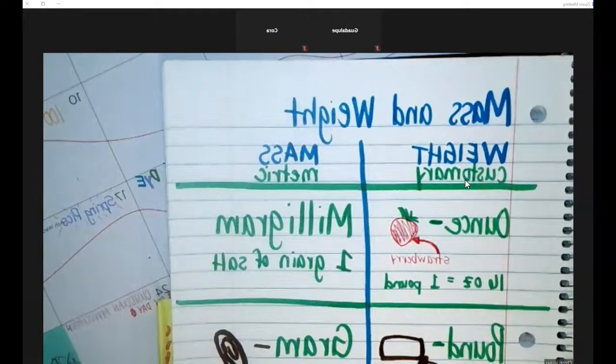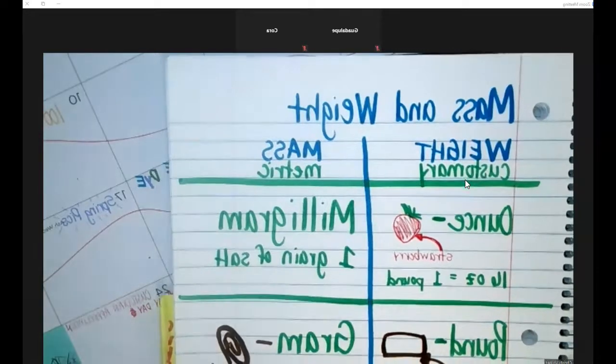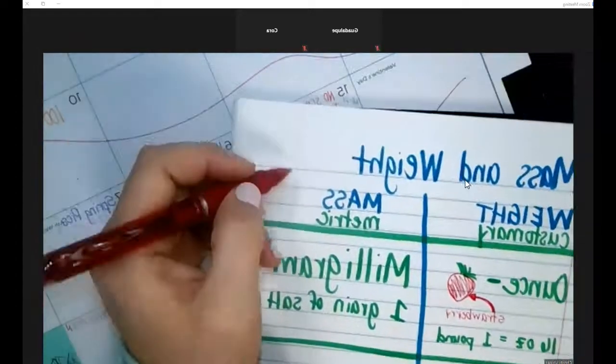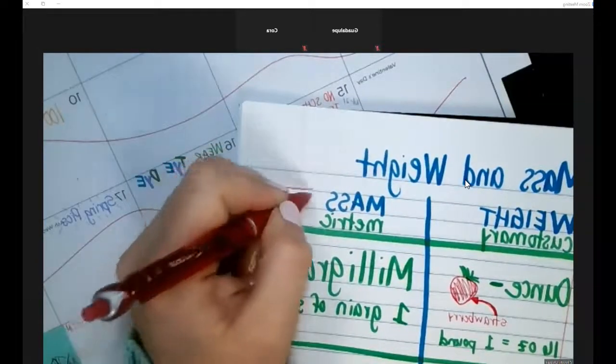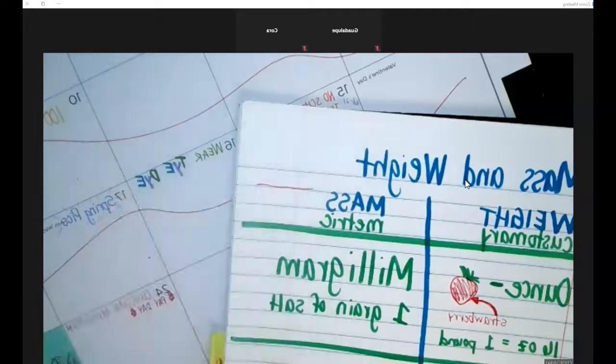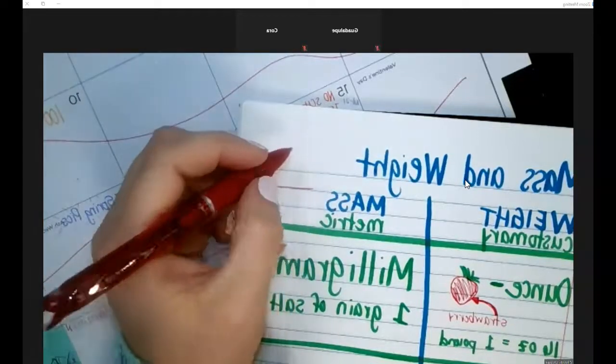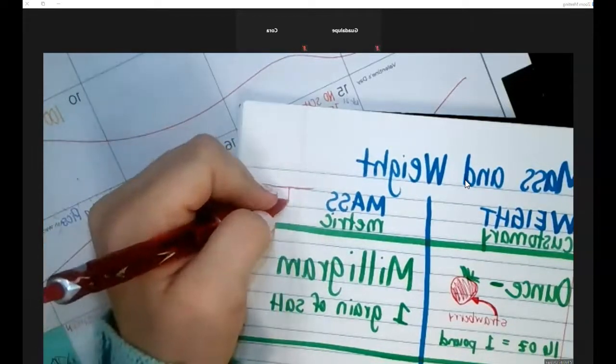This would have to be for solid things like a desk, a chair, food we weigh sometimes at the store. Like if you have to get produce, like apples and oranges, sometimes they put it in those scales and they weigh it. Okay? So you can even draw one of those scales too to help us remember that we have to have it balanced.